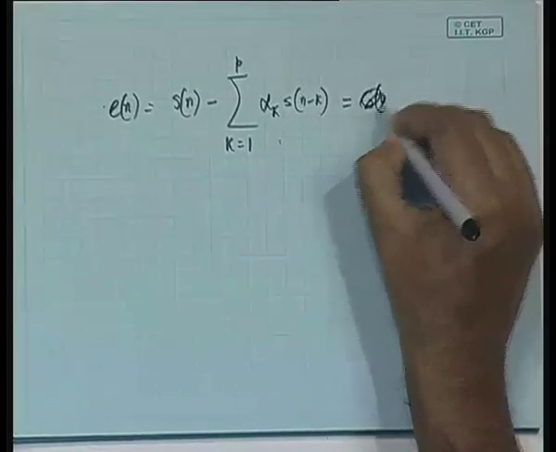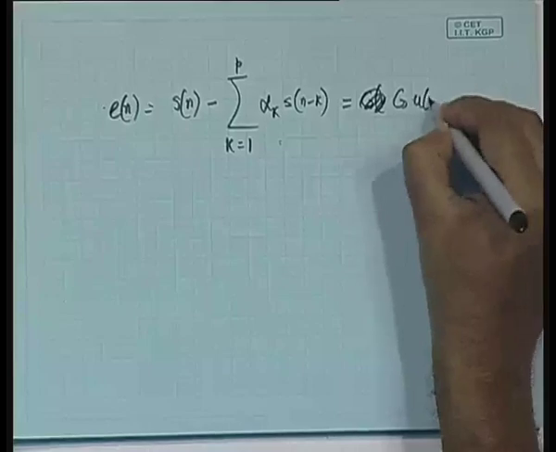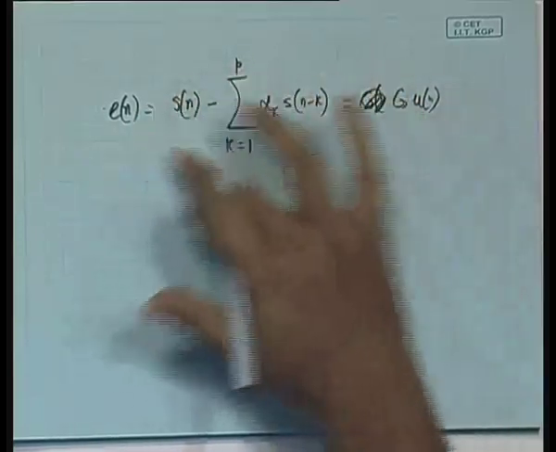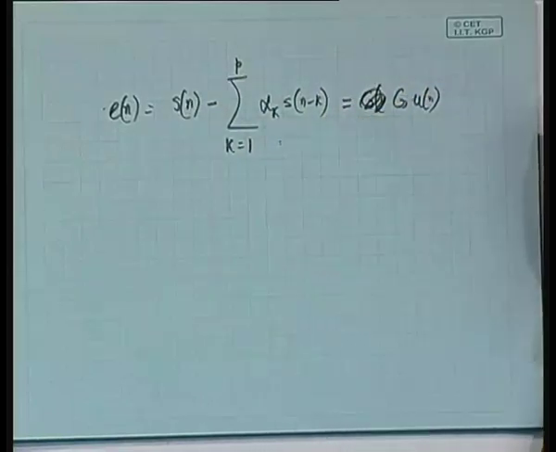So, what we can use is this form of E n. If we now take E n to be like our signal, then we will find that E n is often a very good approximation to the excitation. What is after all this G of u n? We will come to this very shortly.